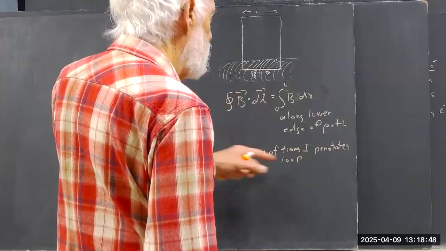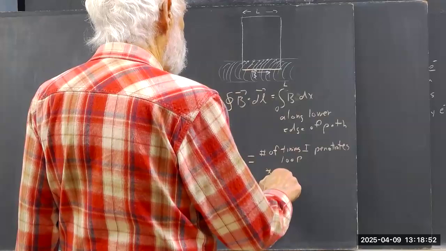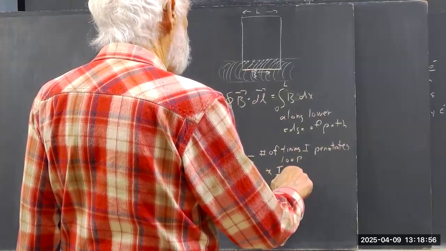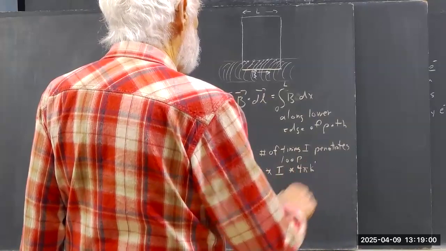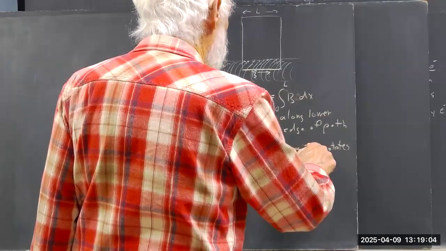It's the number of times I penetrates the loop multiplied by I times 4 pi k prime.